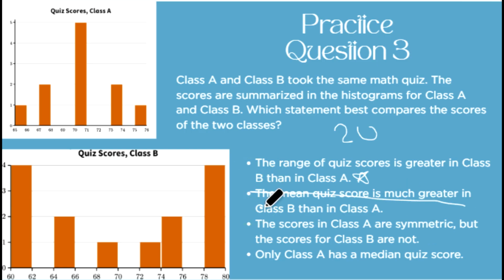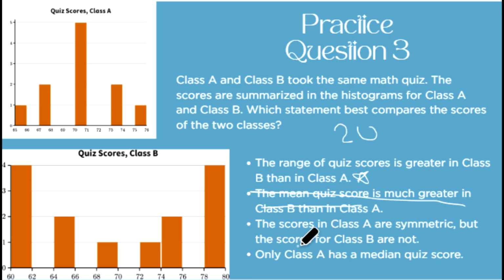This one's out. The scores in Class A are symmetric. That's true. But the scores for Class B are not. That's also true. Wait, nope, because this is the balancing point. No, it doesn't look symmetric, because if we fold right here, these are going to match up, but these two are not. So this is also a possibility.